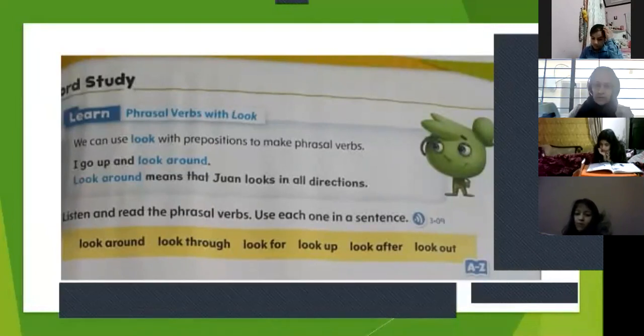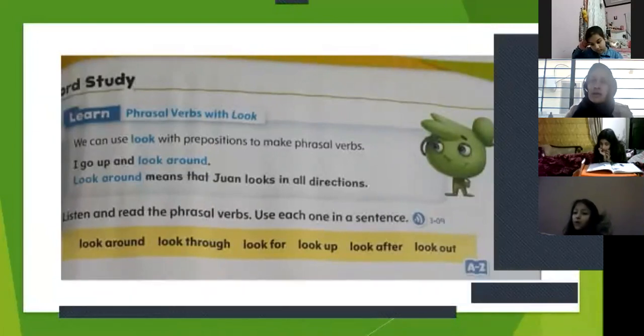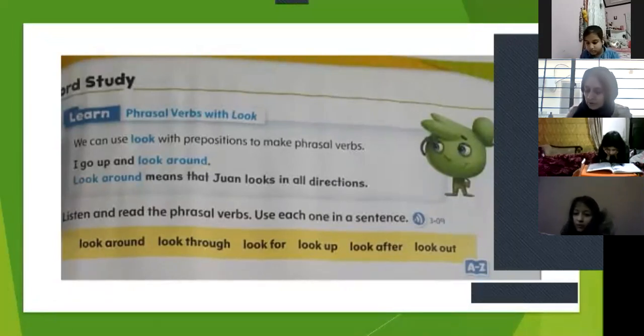The first word is look around. Look around means when you visit a place, when you go and visit some place and you look around for something. Look through means, for example, when you read something very quickly.